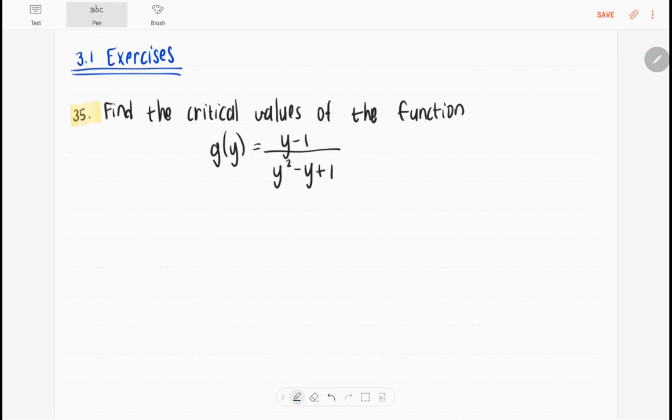A definition of a critical number c is that either the derivative of the function at that value is 0, or the derivative of the function at that value does not exist.